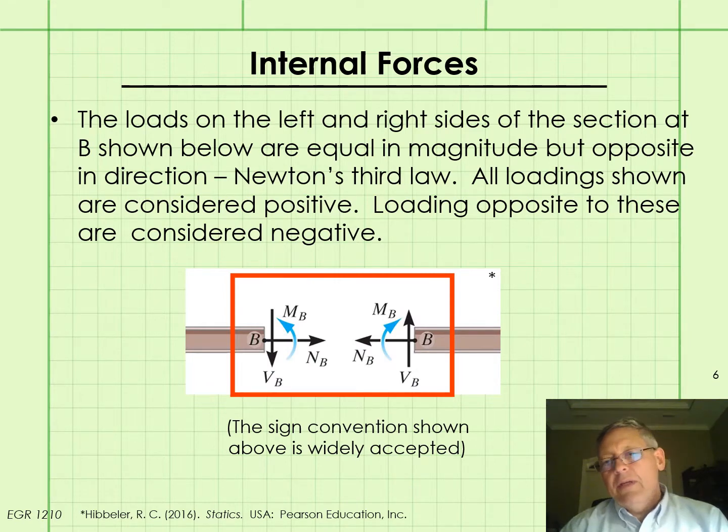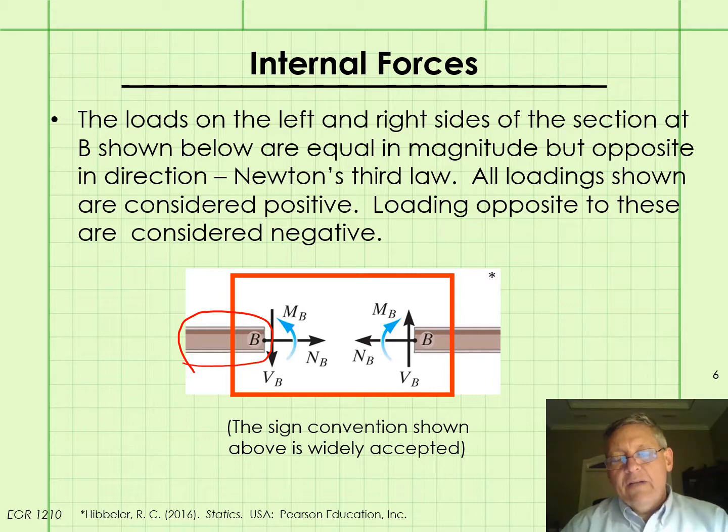Let's go back to the beam that we cut at point B a couple of slides ago, and we were working with the segment of the beam to the left of the cut. What was prior to the cut, the internal loading, became the external loading that we showed at point B after the cut when we drew the free body diagram of the cut segment.